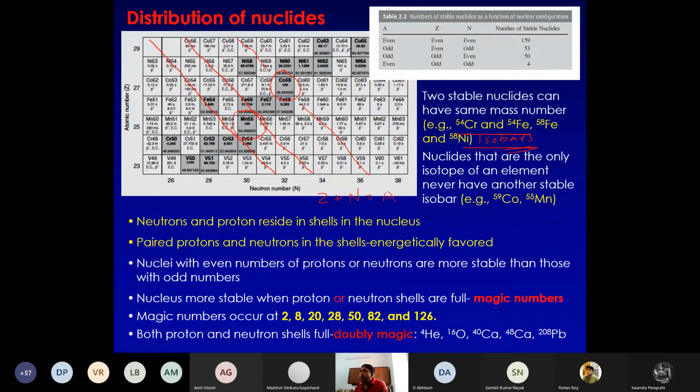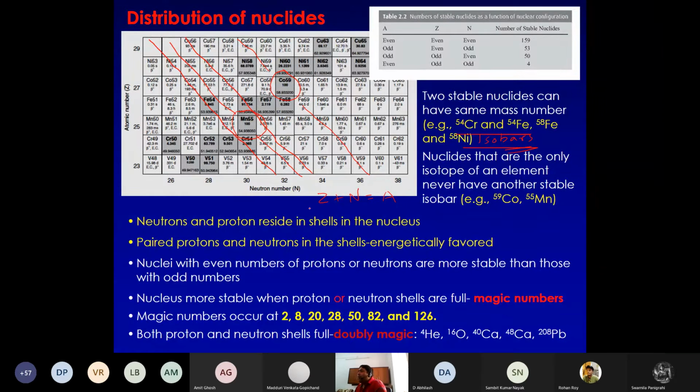You can see here no other stable isobar. The isobars would be chromium 55, vanadium 55 on the higher neutron side, and iron 55, cobalt 55, nickel 55 on the lower neutron side. None of these are stable. Only manganese 55 is stable.